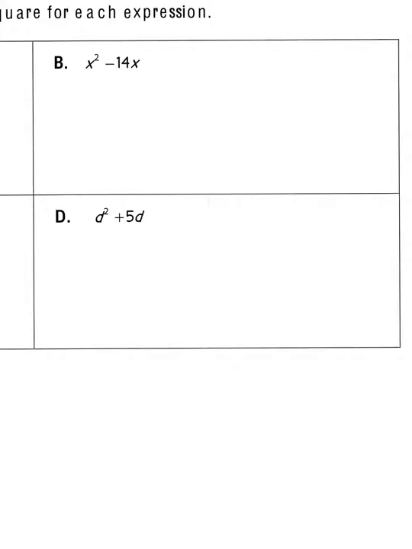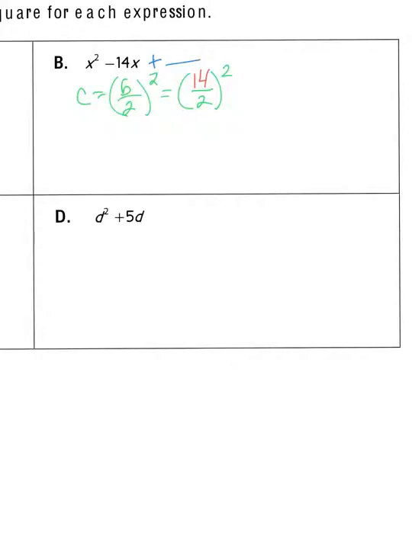Okay, so here, I'm going to add my blank, and my c is b over 2 squared. And then my b is 14. Now I know it says negative 14.